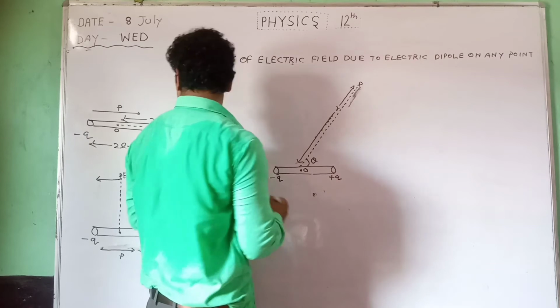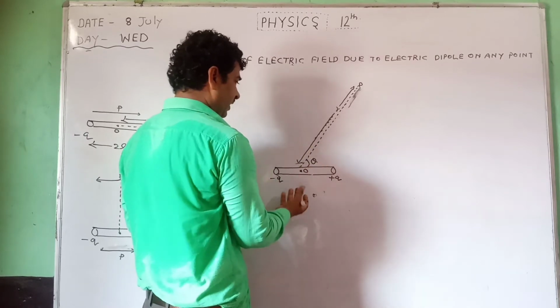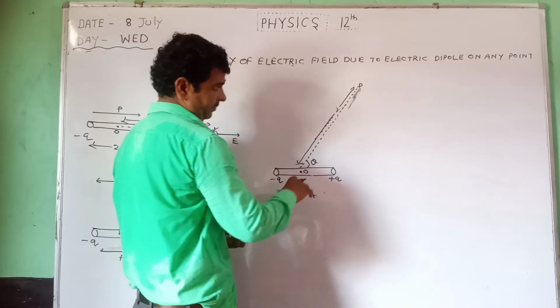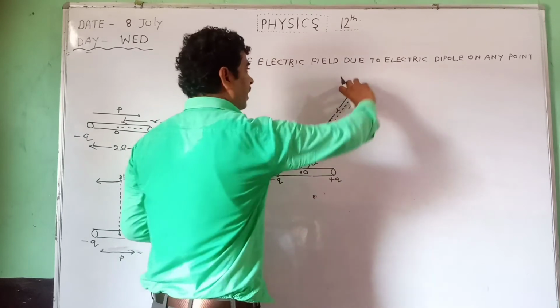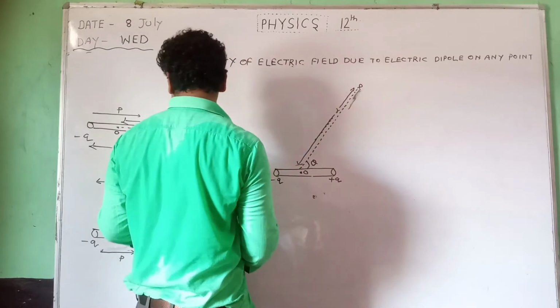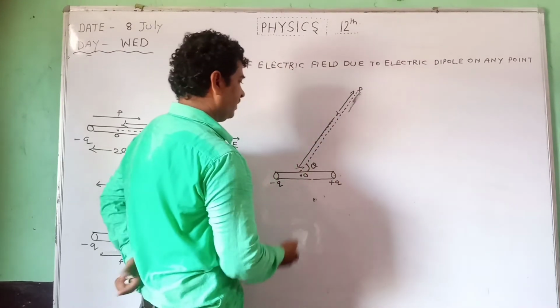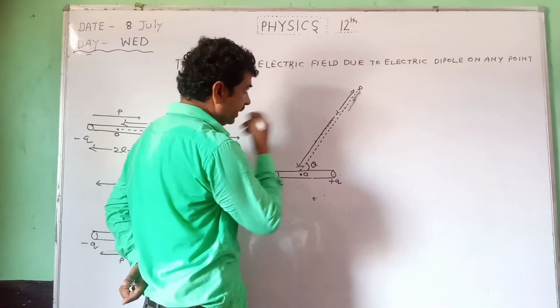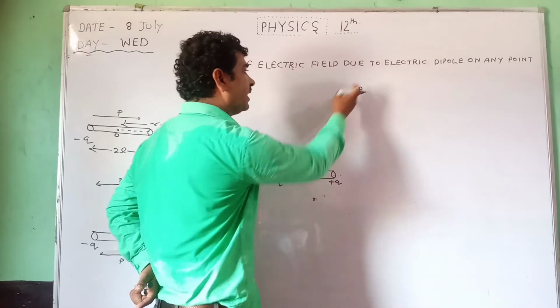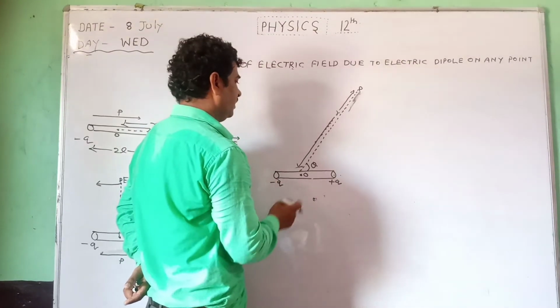Point P is neither situated on the equatorial line nor on the axial line.